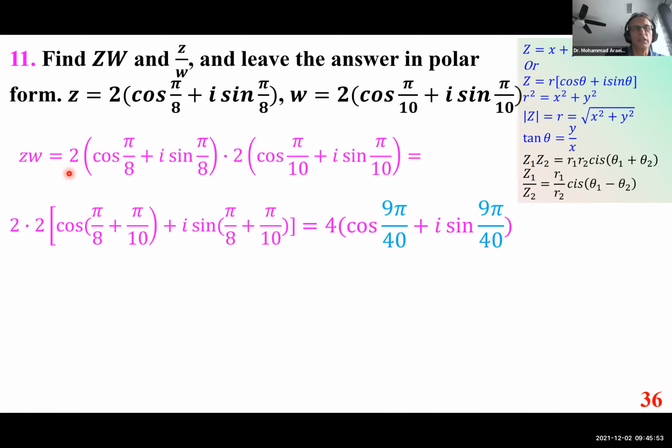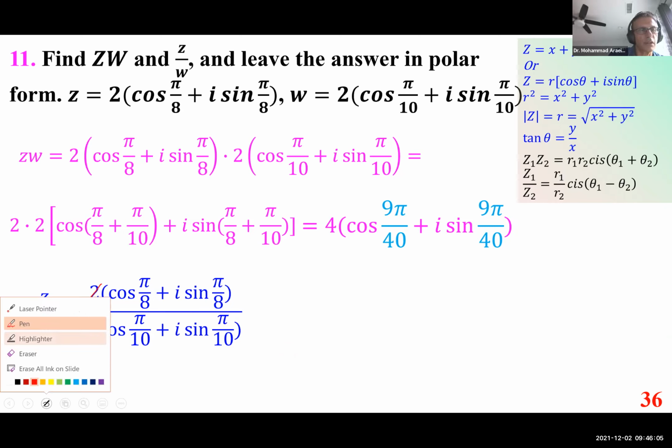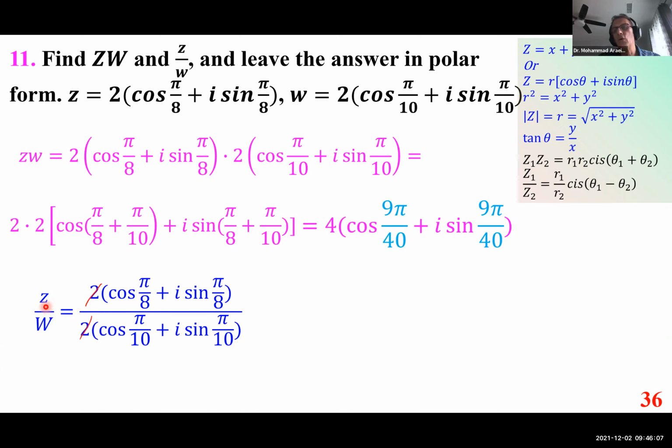Now we are interested in their division. So we're going to write z over w, with z in the numerator, w in the denominator. Needless to say, these two numbers are identical. They cancel each other. And according to this formula, okay, they are gone. Now cis of theta 1 minus theta 2.